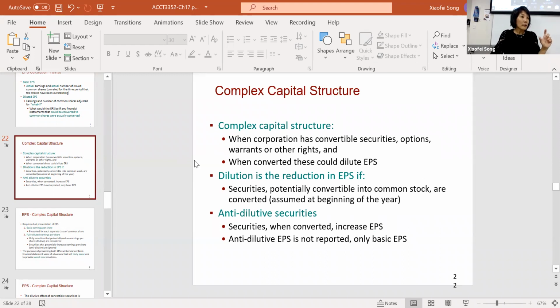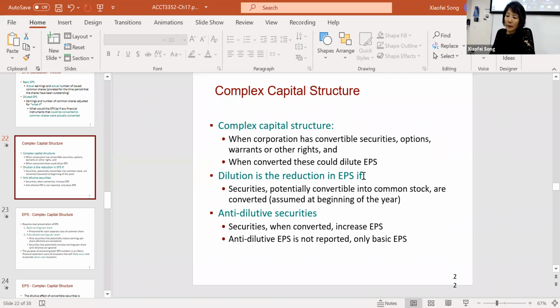The way to deal with these two groups of potentially dilutive securities is different. Convertible bonds and convertible preferred shares use the if-converted method, whereas options, warrants, and other rights use the treasury stock method. Those are the two different methods.